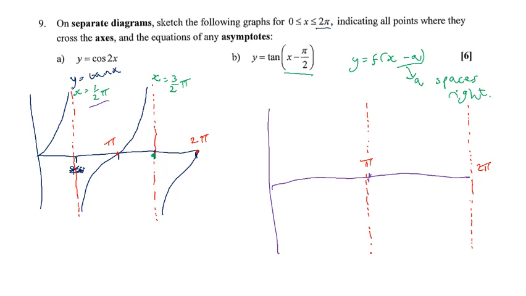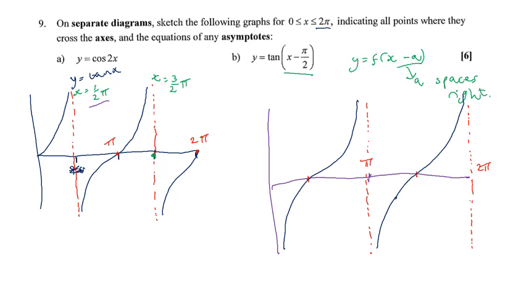So those are my asymptotes. These are going to be my new points of intersection. So then in terms of the shape of my graph, it's the exact same shape as before, but everything has been shifted over. So it's going to be this sort of shape, like that, and then similarly here, it's going to be this sort of shape, like that.